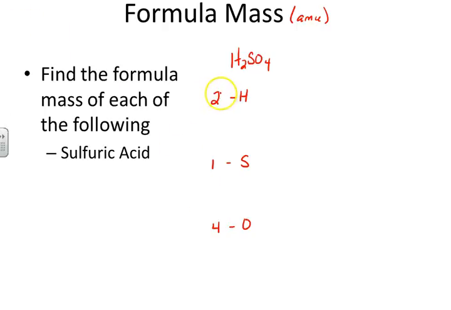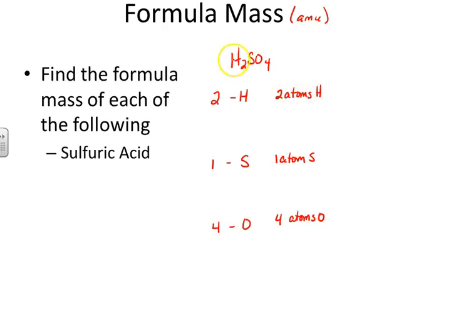So we have to think about what we have when we say two hydrogens, 2 what of hydrogen? That actually would be 2 atoms of hydrogen, 1 atom of sulfur and 4 atoms of oxygen.